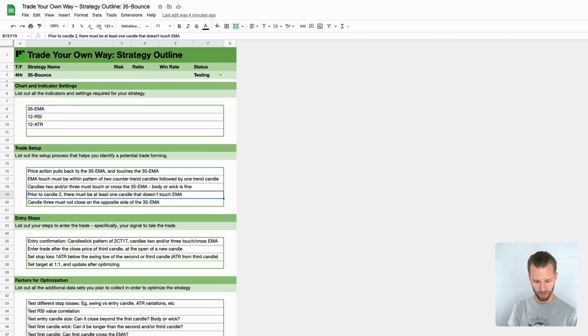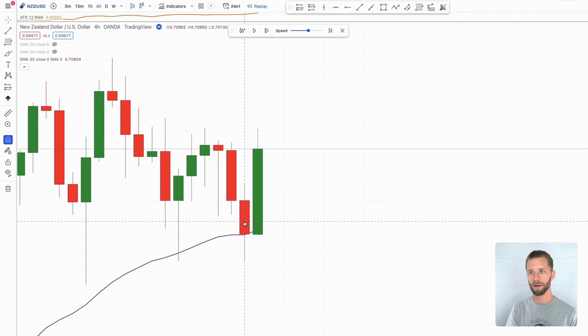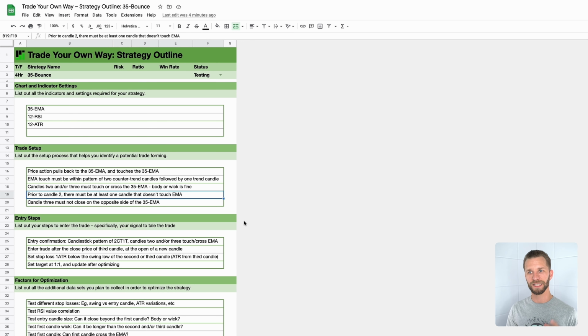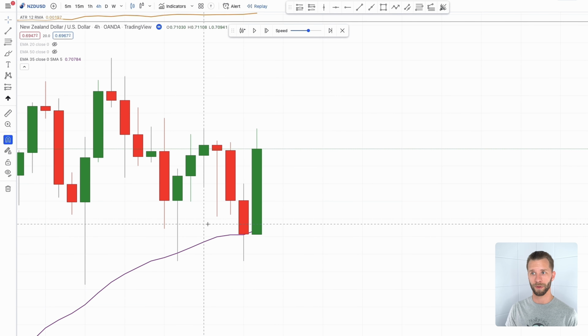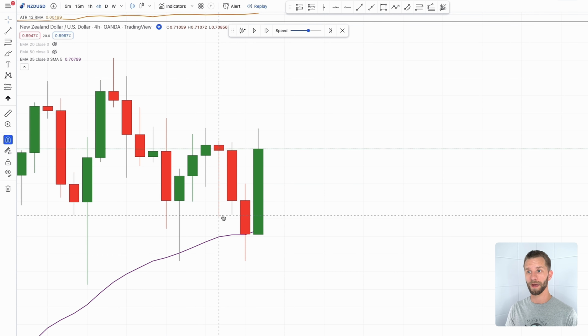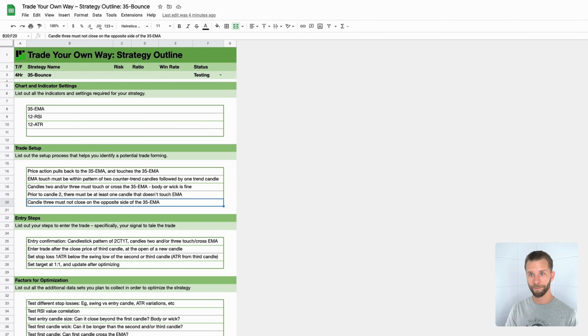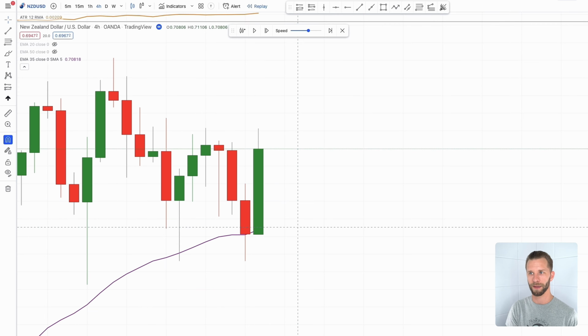Prior to candle 2, which is this one in the middle here, there must be at least 1 candle that doesn't touch the EMA. So looking back, that could be candle 1 or any of the ones prior. We have 4 candles here which don't touch. So that is a valid setup as well. And point number 5, candle 3 must not close on the opposite side of the 35 EMA.